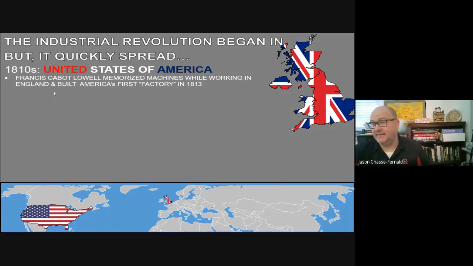So kind of ground zero for the Industrial Revolution in the United States. How would we categorize the origins of the Industrial Revolution in the United States? It was initiated by entrepreneurs or middle-class merchants, right? That would be a good way to categorize the origins of the Industrial Revolution in the United States.